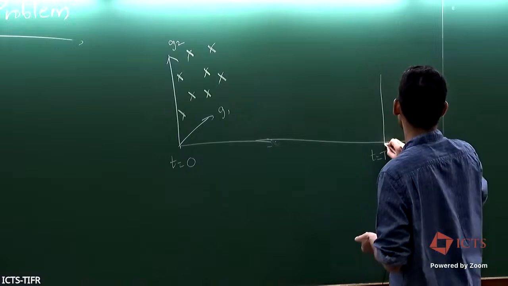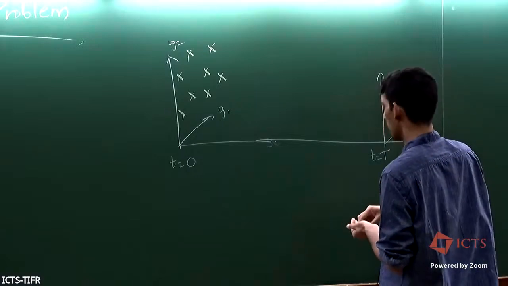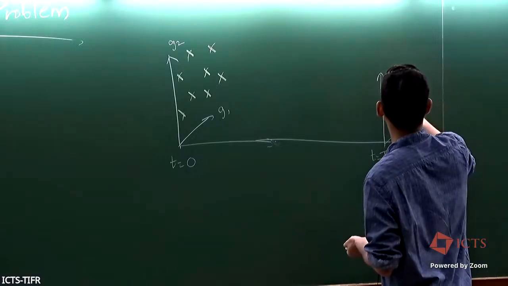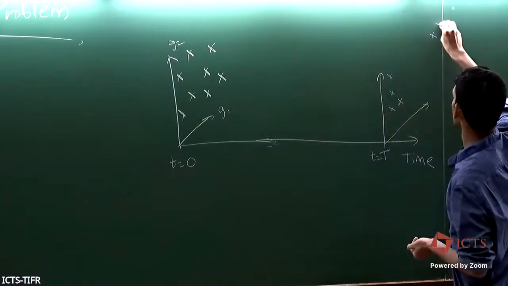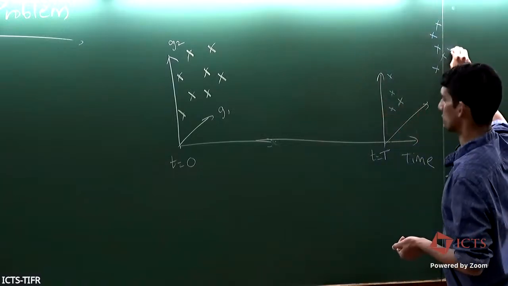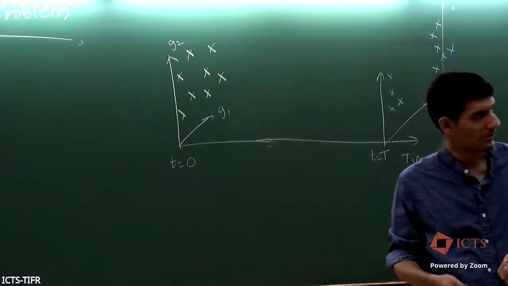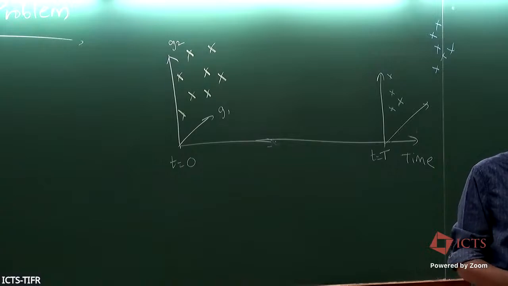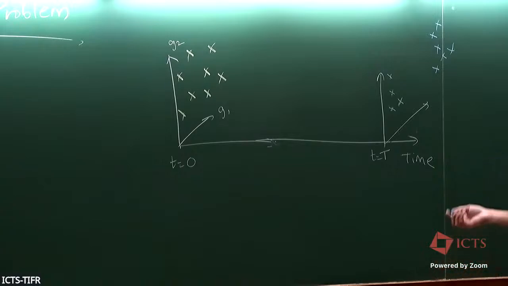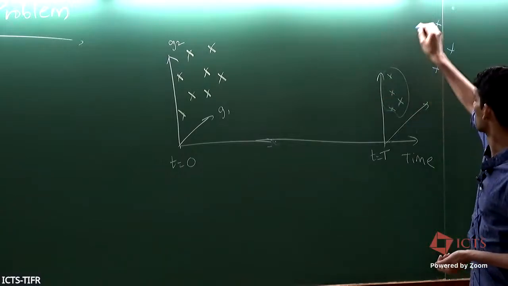So let's draw these axes again. And what you have are a bunch of samples here. And potentially the distribution of these samples is very different from the ones over here because you've applied a particular perturbation, or potentially these cells are differentiated into multiple types. So you get potentially one cluster over here and one cluster over here.